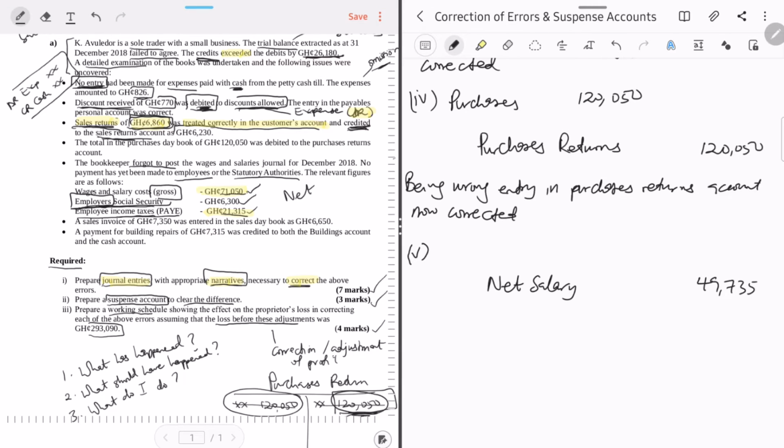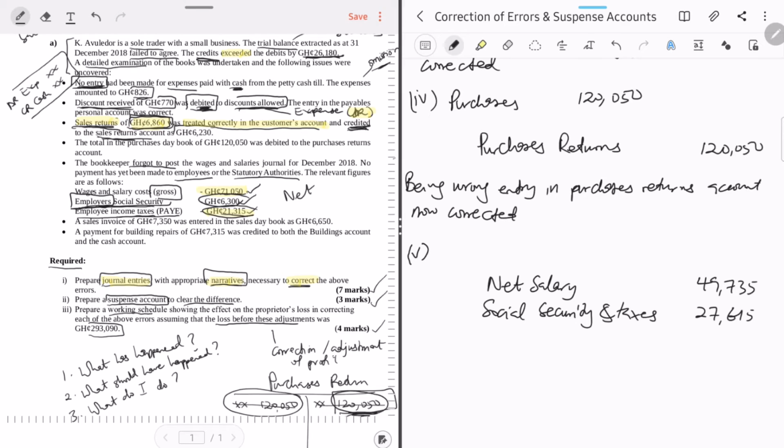That's the sum of tax and social security, these two. So I sum 6,300, that is for social security, plus 21,315, that gives me 27,615.